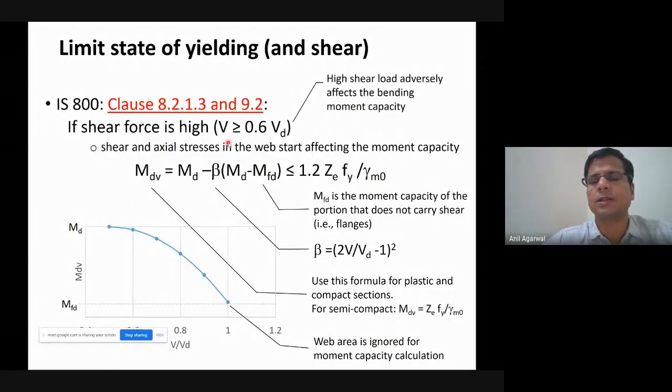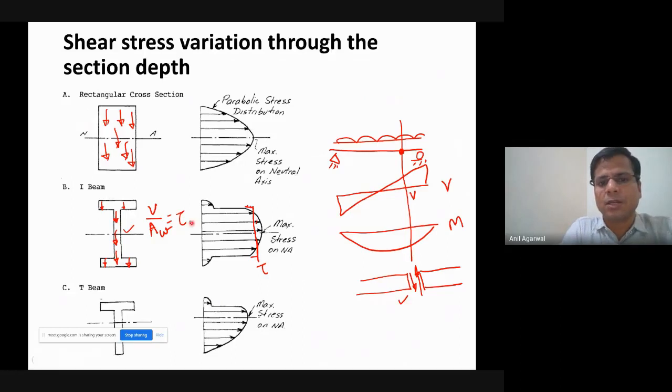Here is what the code says. Let's say you first calculate the VD value. VD is the design capacity in shear. And as I have explained here, you know your shear stress capacity, right? Which is equal to Fy by root 3, 0.57 Fy.